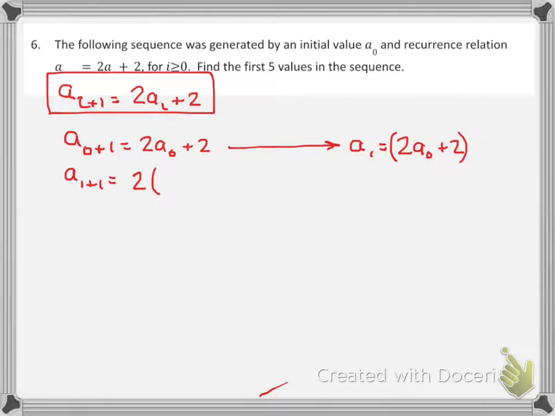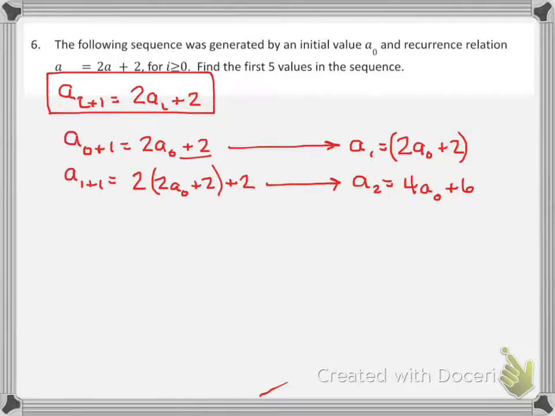So that's 2 times 2a sub 0 plus 2, and then finally, don't forget this, add 2. And if we further simplify, a sub 1 plus 1 would be a sub 2, and that's equal to, well, 2 times 2 is 4a sub 0, and then 2 times 2 is 4, plus another 2 is 6. So there's our result after round 2.